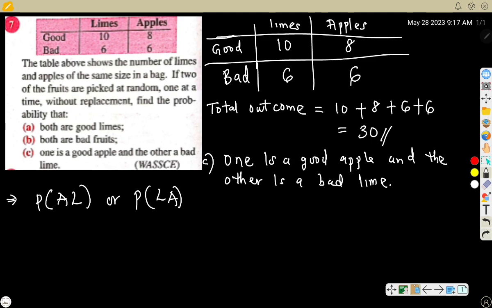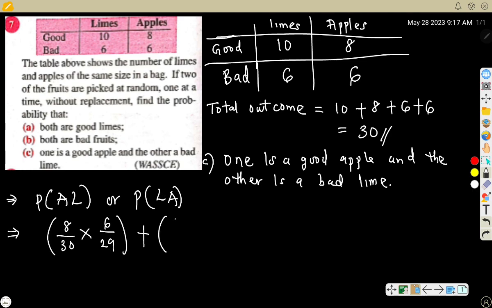So now, good apple. We know that a good apple is 8. So that will be 8 over 30 times bad lime. Bad lime is 6, so that will be 6 over 29. Or is plus.